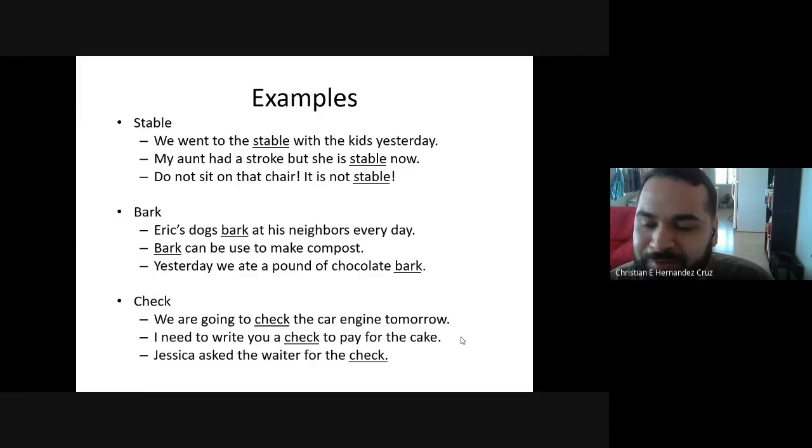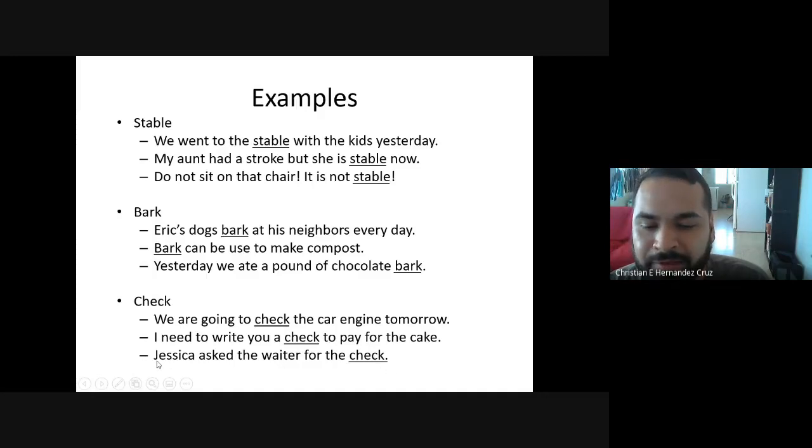Check is, of course, that piece of paper that you write on, and you can either send or receive money using this. But in this case, in the second sentence, check is similar, but it's not the same as this check over here. Jessica asked the waiter for the check.